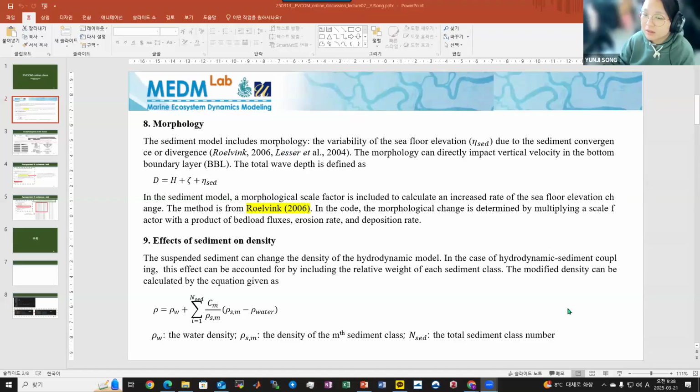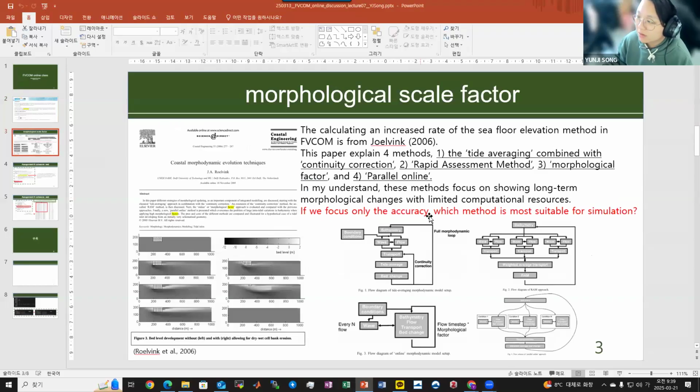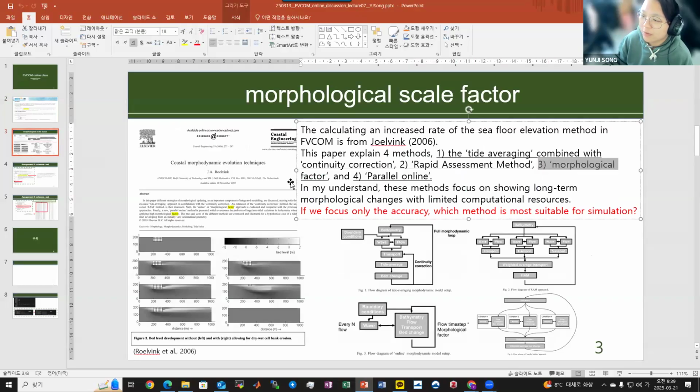In lecture 7, they said the morphology module used in FVCOM gets its method from Rowing 2006. I searched for that paper, and it described four methods to calculate the morphology change. In my understanding, FVCOM uses the third method, the morphological factor.